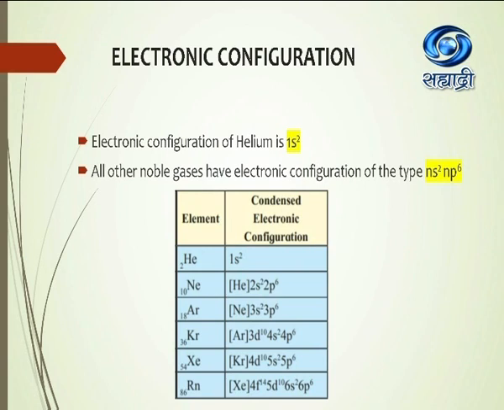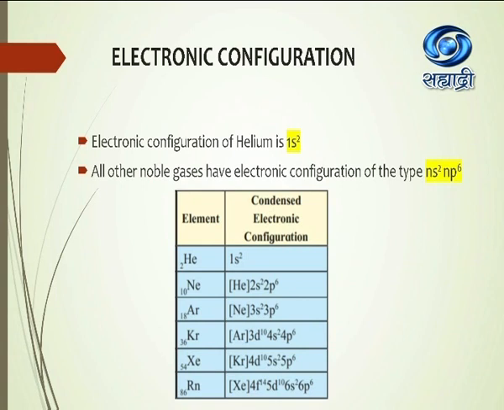Xenon, atomic number 54, configuration is krypton core 4d10 5s2 5p6. And radon, atomic number 86, configuration is xenon core 4f14 5d10 6s2 6p6.